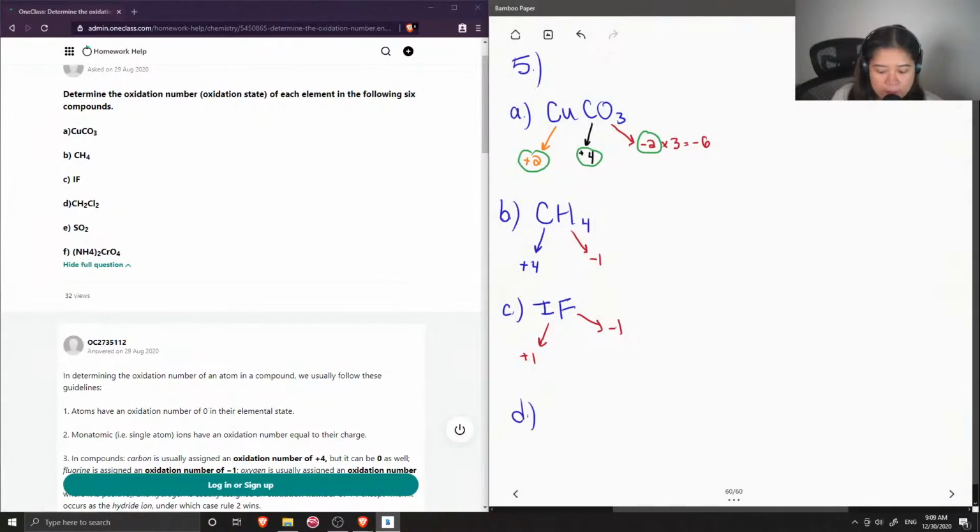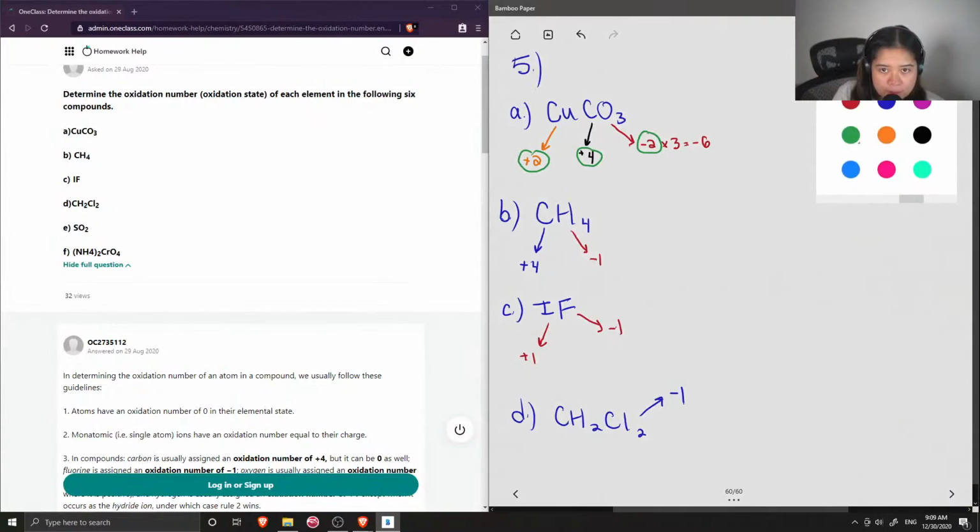Okay, so now let's look at D. We have CH2Cl2. So in the case of chlorine, its oxidation number is -1. So I'm going to circle that in green. But again, since there are 2 chlorine atoms, I'm going to multiply this by 2 just to show the overall charge is -2.